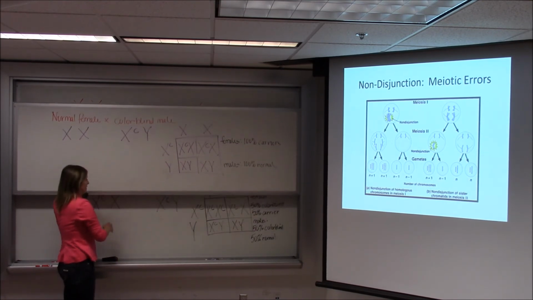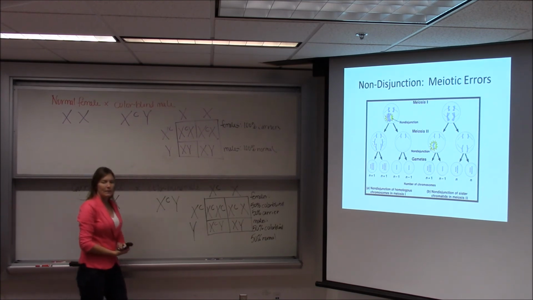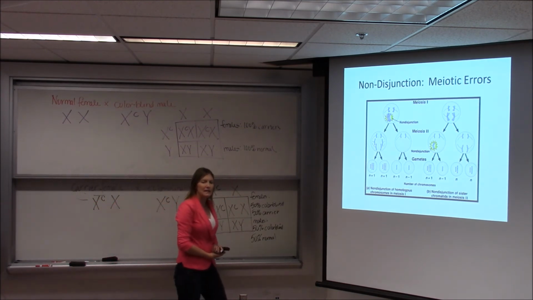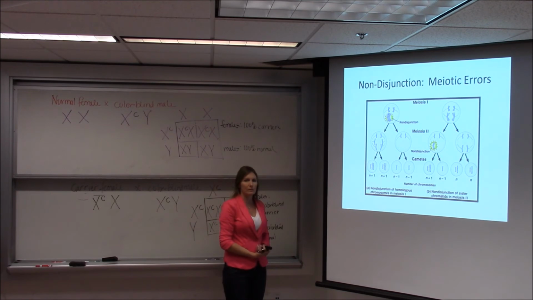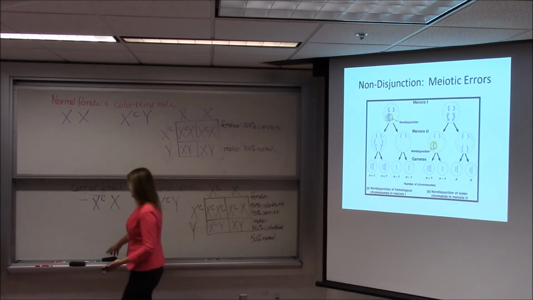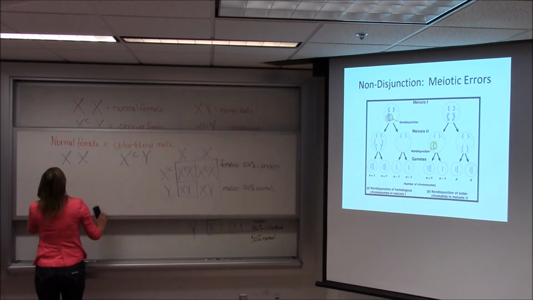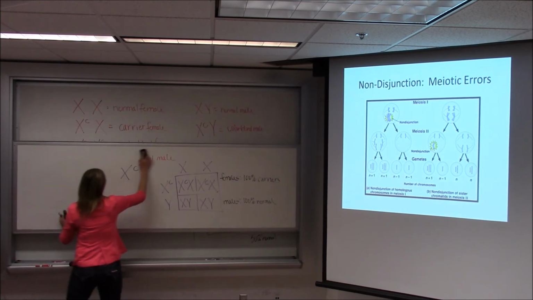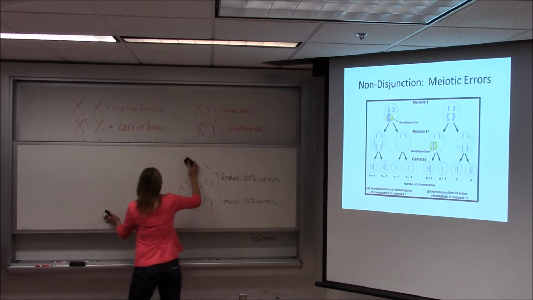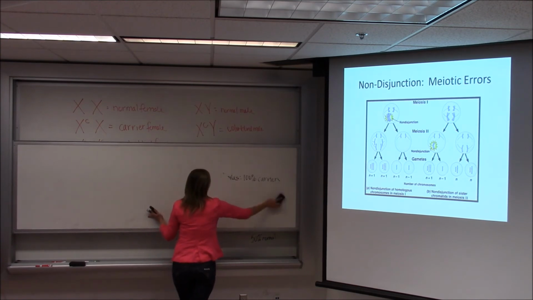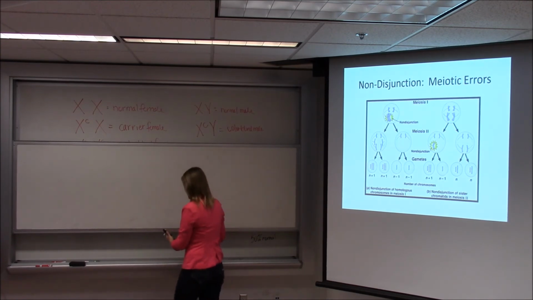What happens if there's an error in meiosis and we don't end up with the correct number of chromosomes? Well, let's look at two examples of this. This can happen in meiosis 1, or it can happen in meiosis 2. And it's called non-disjunction. It's when the chromosomes don't separate correctly during meiosis.